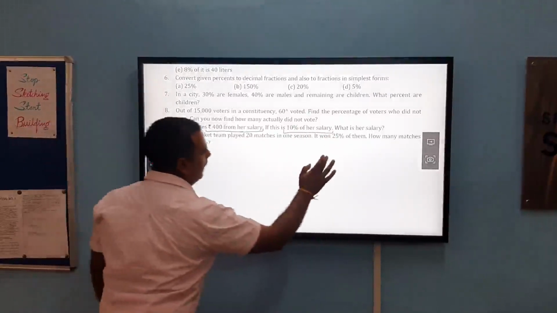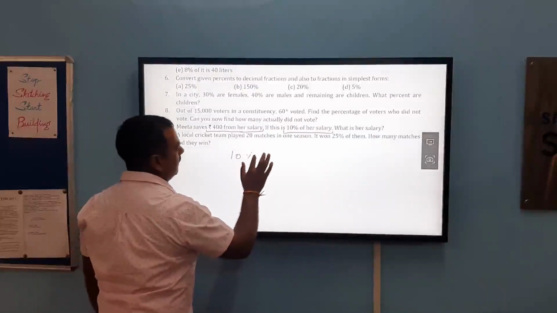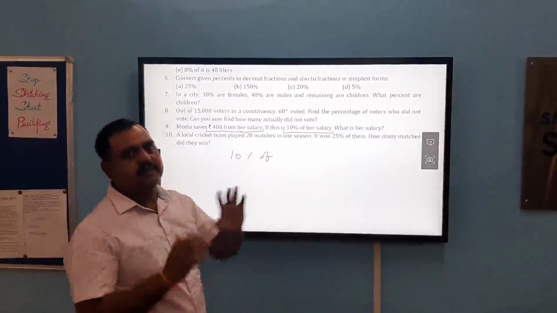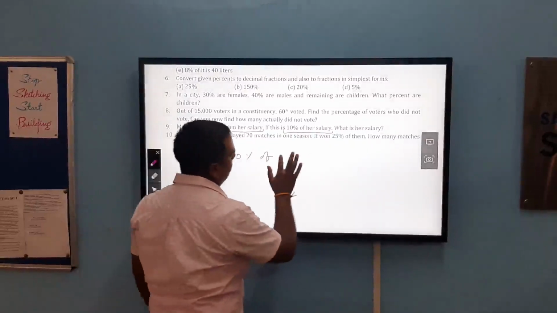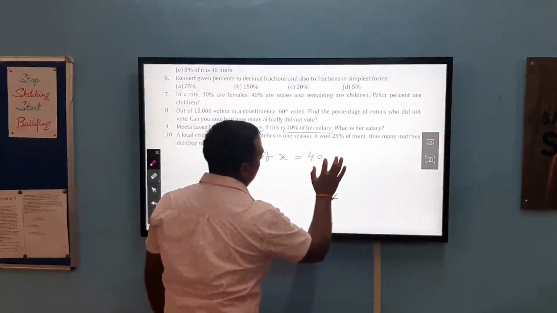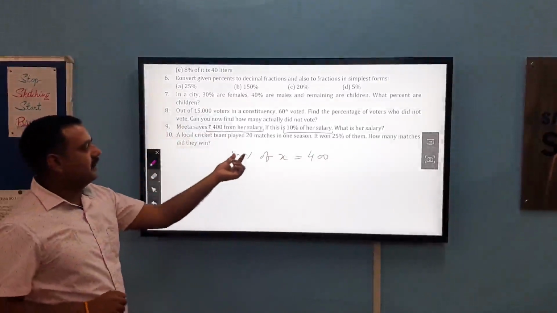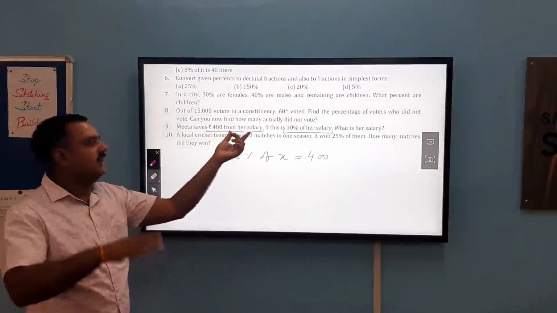So, we write it like this: 10% of her salary. Let us take the salary of Nita as rupees X, then 10% of X is equal to 400. The question says that 10% of her salary is 400, which she saved.